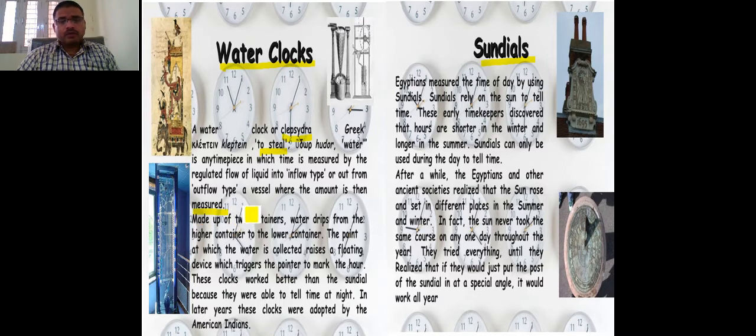If you want to measure something, the water clock is made like this. There is one part where the water is coming from here, and this is the part in which the water is passing.